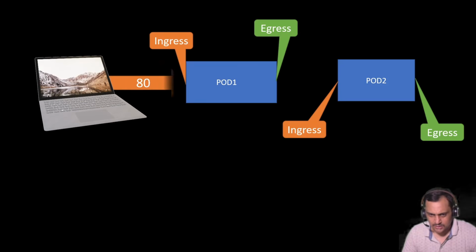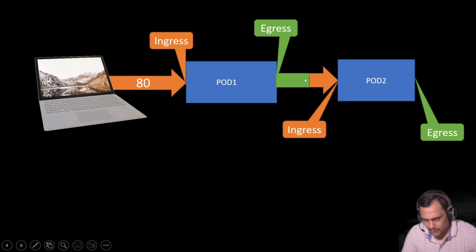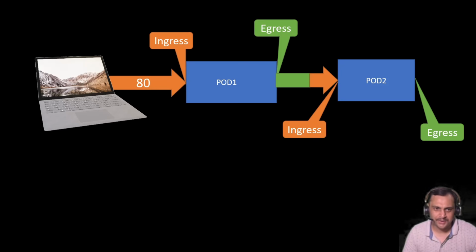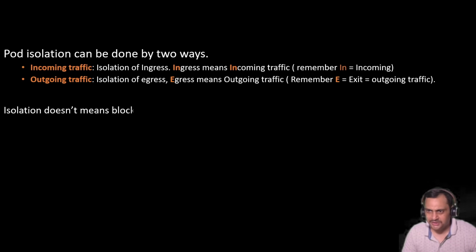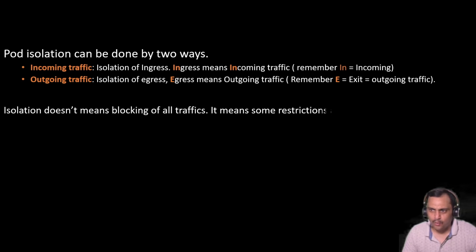This is my user. It sends a request on port 80. It will forward the request to the second pod. Here, the color coding green is for outgoing traffic and orange is for incoming traffic. I hope now you understand the meaning of ingress and egress. It is very important in terms of Kubernetes. Isolation doesn't mean blocking all traffic.